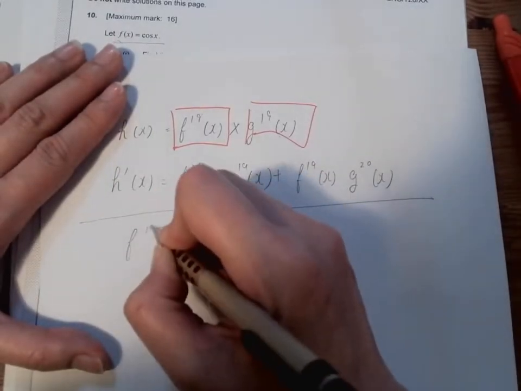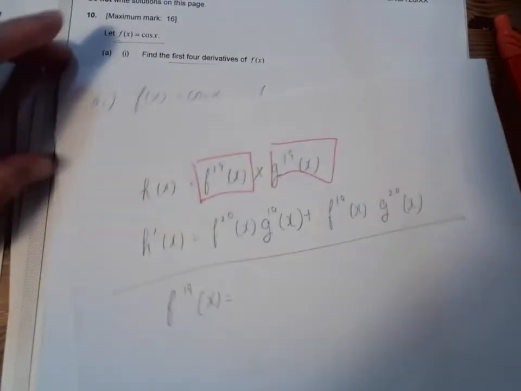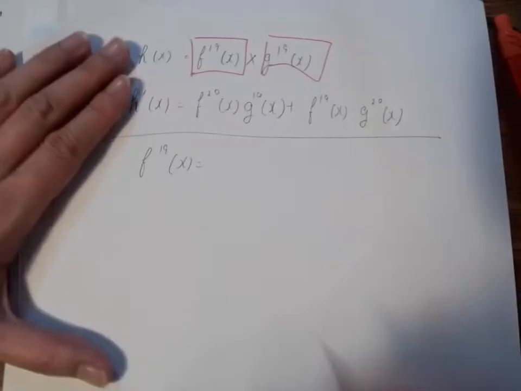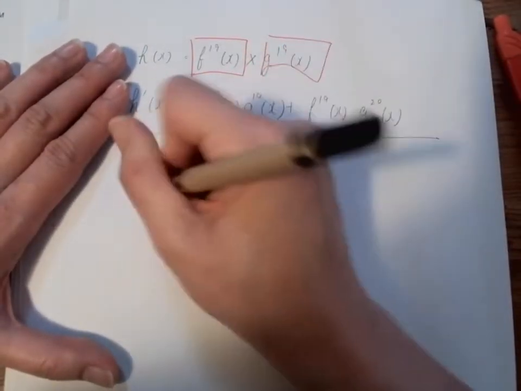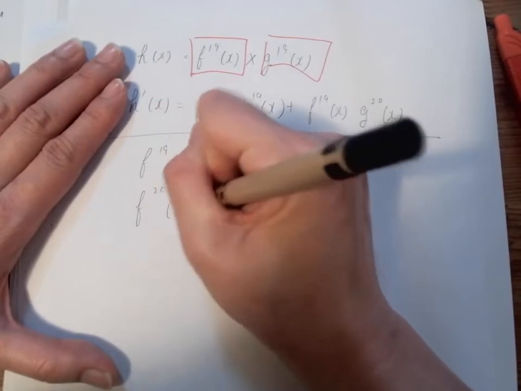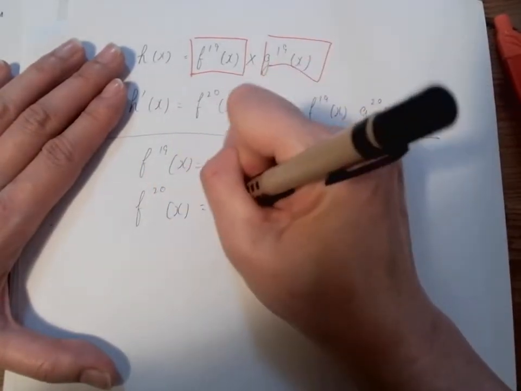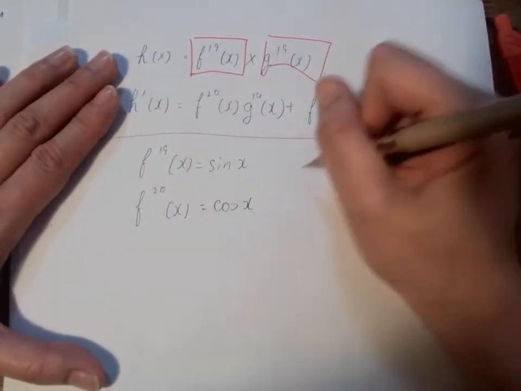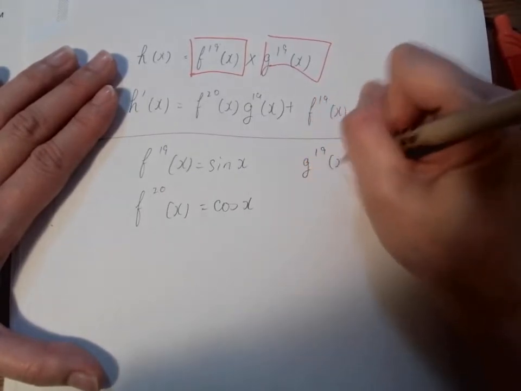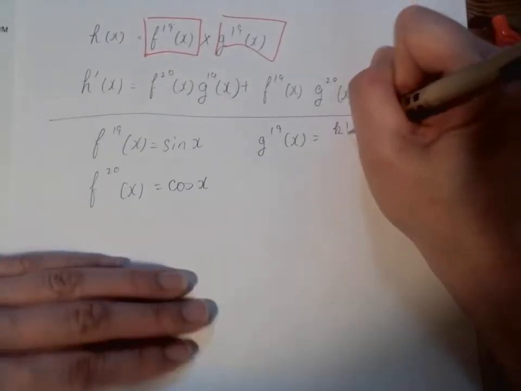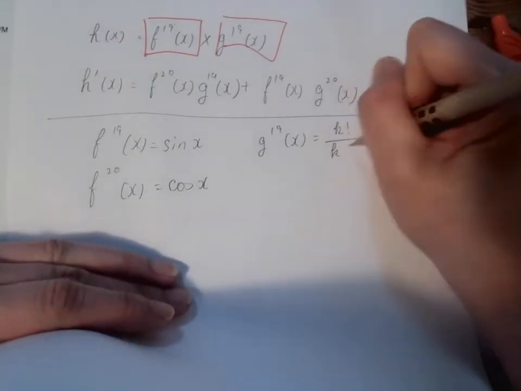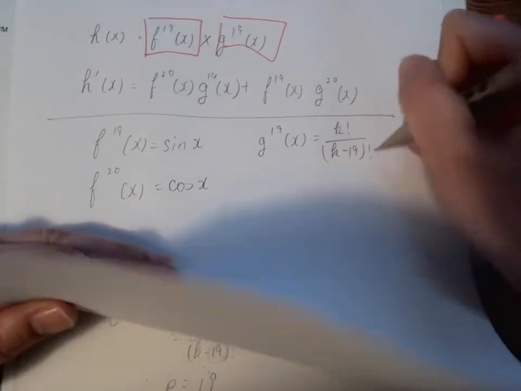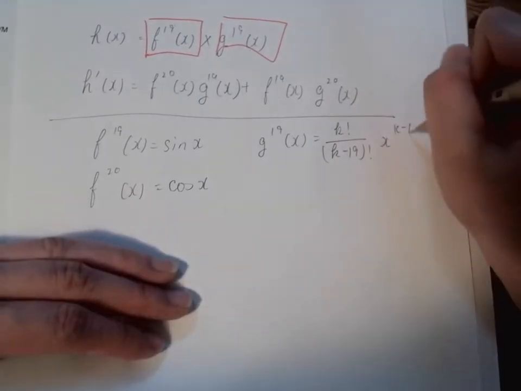To work that out, we need to find out what we need. Previously we have f^(19)(x) equal to sine x. So f^(20)(x), differentiating this bit, should be equal to cosine x. And g^(19)(x), from our previous work, is k factorial over k minus 19 factorial times x to the power k minus 19.